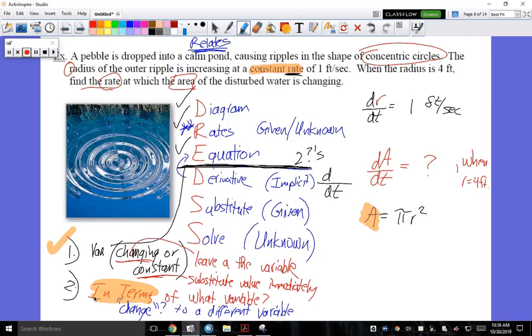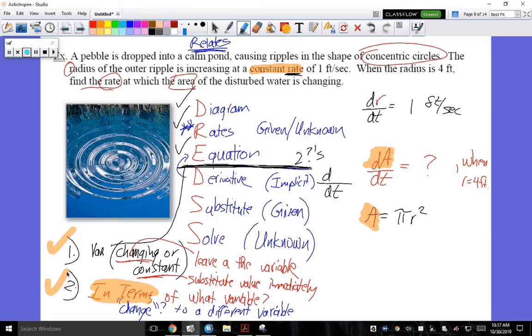Should I change A to something else, or leave it as A? I'm going to leave it as A, because how else will I ever get this piece when I derive it? If I change it to a different letter, I will never be able to get dA dt. So that's question number 2.